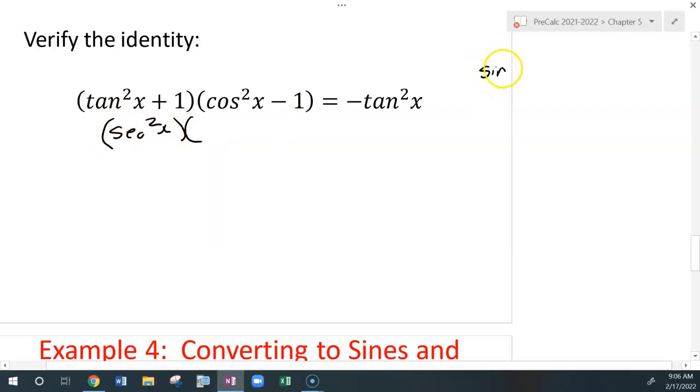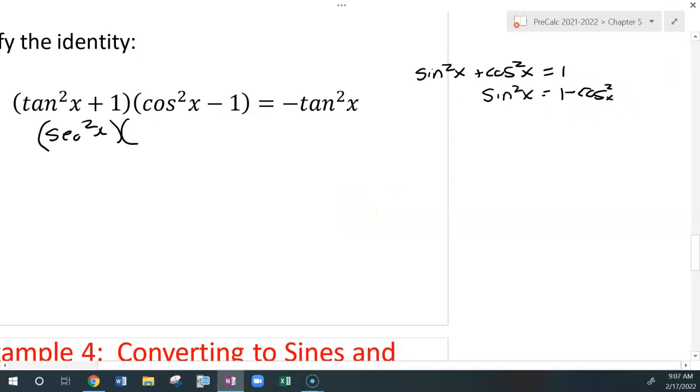So you have sine squared x plus cosine squared x equals 1. So if I subtract 1 from both sides, actually, no, let's do it this way. Let's subtract cosine squared x from both sides. Then I get sine squared x equals 1 minus cosine squared x.